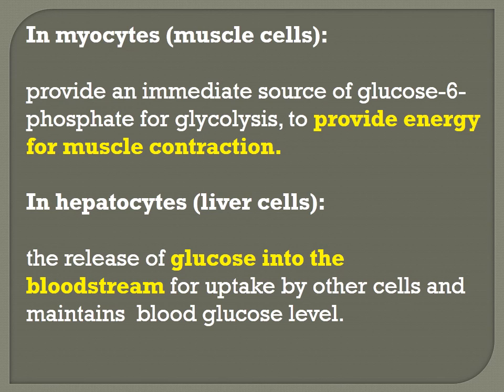In the muscle cells, it provides an immediate source of glucose 6-phosphate for glycolysis to provide energy for muscle contraction, whereas in the liver cells, it releases glucose into the bloodstream for uptake by other cells as well as to maintain the blood glucose level. So this is how the stored glycogen in the body is utilized in times of need by the process of glycogenolysis. Thank you.